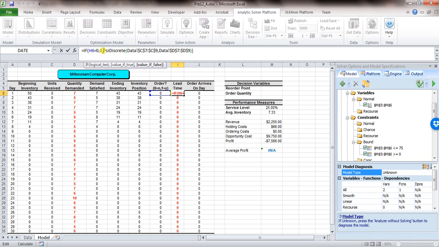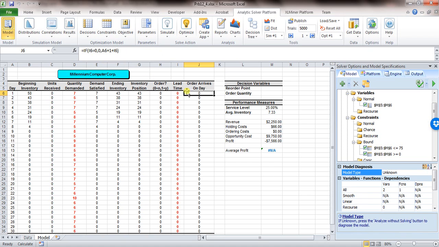If there is an order, then it will be a discrete distribution of the days of delay with the probability of those delays. PSI Discrete takes 2 arguments. Now this gives you the day number on which the order arrives.